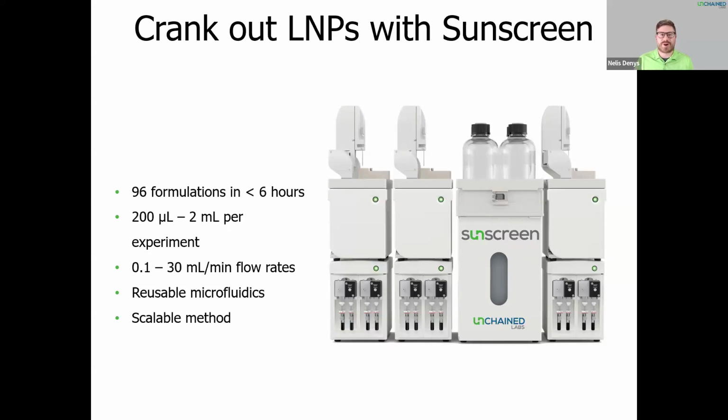The system will use driving fluids to move your precious sample around the system and mix them together, meaning you can use as little as 200 microliter per experiment, and that will overall keep the cost of your experiment low. By keeping the cost low, you can make hundreds and hundreds of formulations and still remain within your budget. Next to that, Sunscreen has a reusable microfluidic, and it allows you to scale up to continuous manufacturing with the same method. So Sunscreen really is one of a kind when it comes to formulation screening.